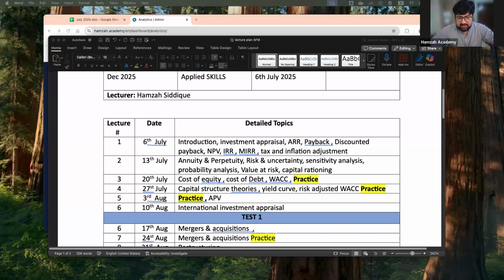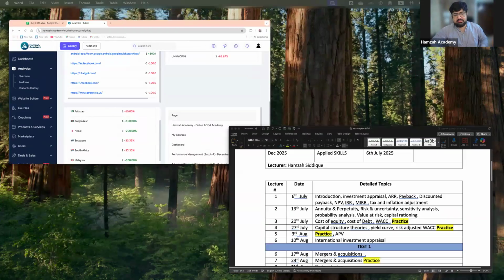When we talk about single period capital rationing, two cases are possible. For the first assumption, all projects are divisible. Case 1. There is a case 2 as well: indivisible projects. Come here, we solve it here.